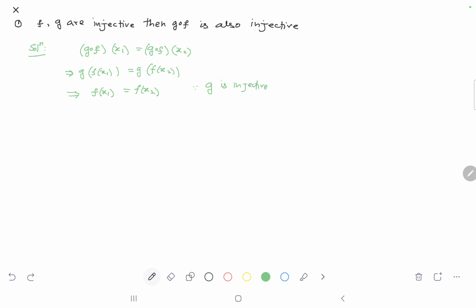Now again we apply that f is injective. So we get x1 equal to x2, because f is injective. So the composition of two injective functions is injective.